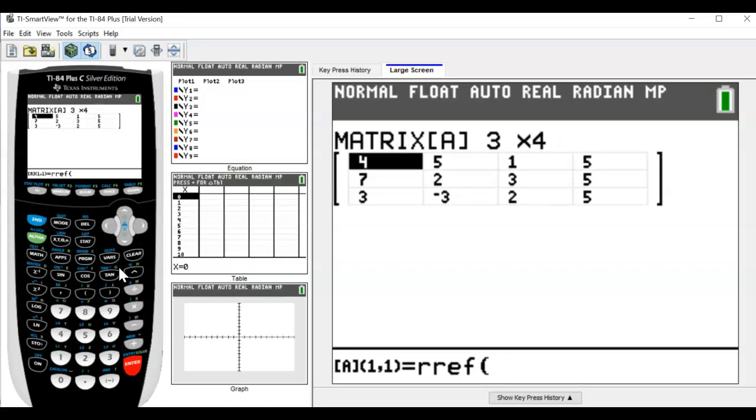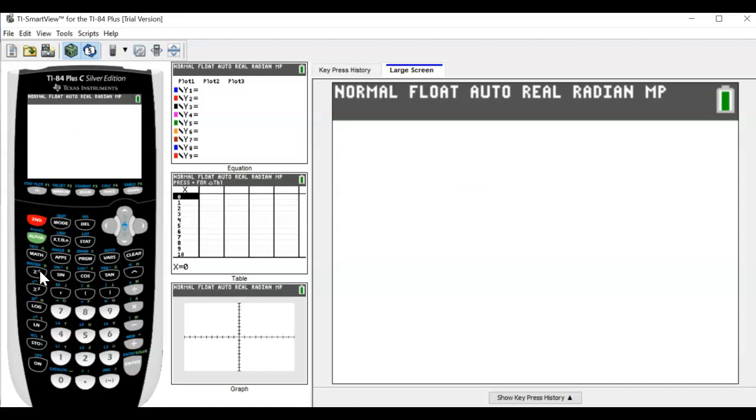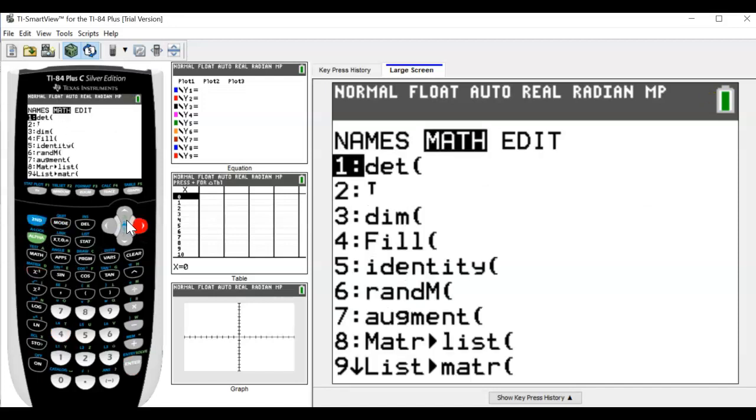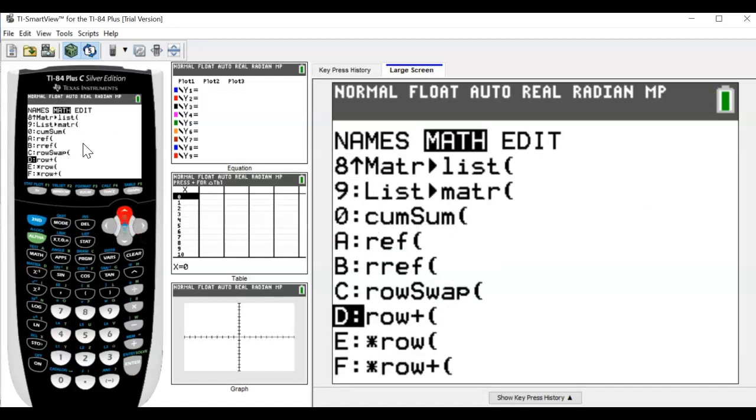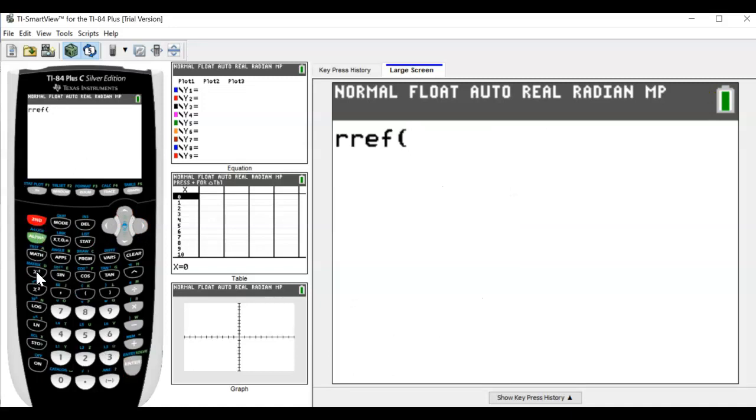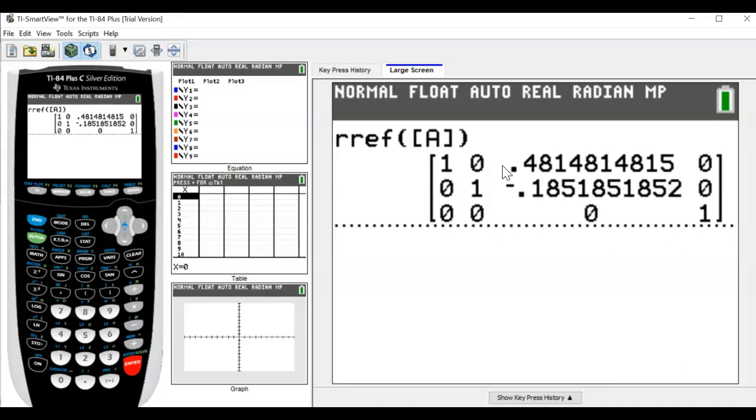Oh, whoops, I messed that up. I apologize. I missed going back to the home menu. So we put this into row reduced echelon form. And what we'll notice is that this last row gives us 0, 0, 0, 1.